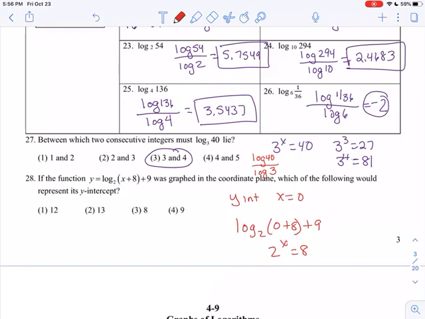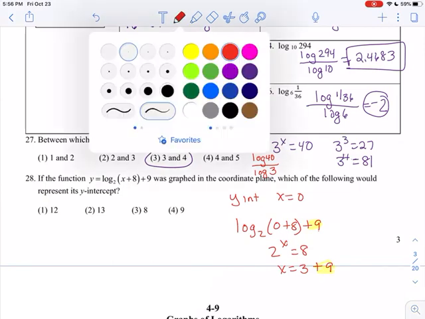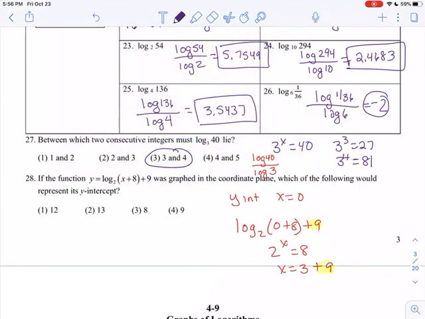So this is saying 2 to what power equals 8? And 2 to the third power equals 8, so basically that part is 3, but then I am adding 9 onto it. See how this 9 right here gets added on.